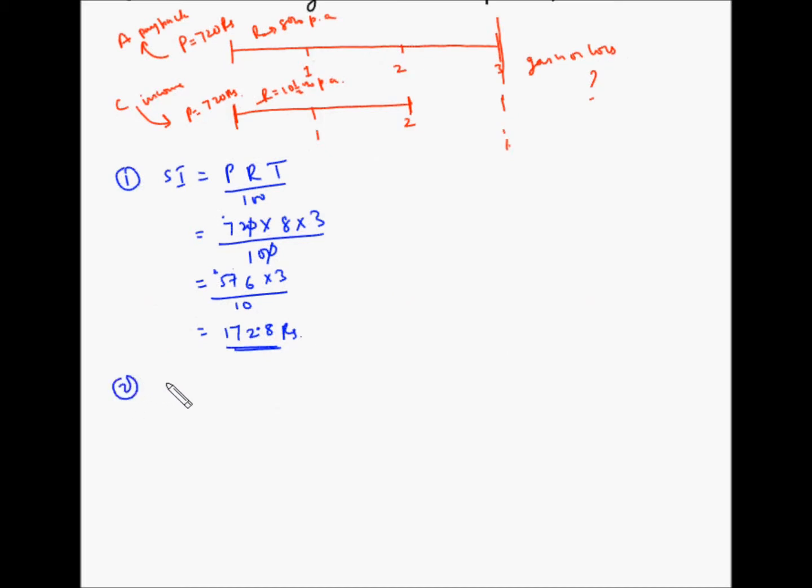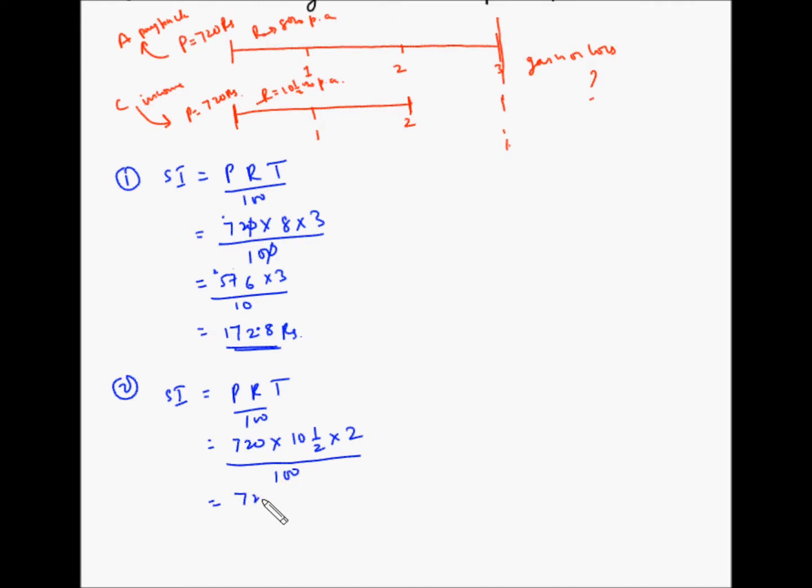Now the second case is the amount that B is getting from C. So this is also based on simple interest, which is PRT by 100. So this is equal to, principal is the same, 720 multiplied by the rate, which is 10.5, multiplied by time frame, which is 2 years here, divided by 100.